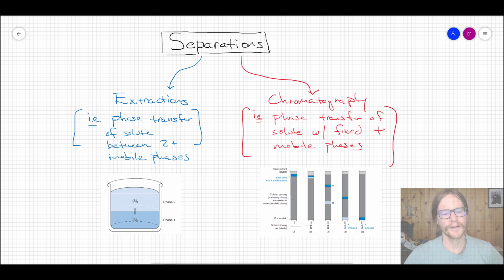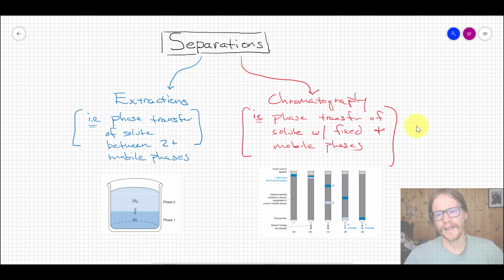And so the picture I have here is the type of liquid-liquid extraction that many of you would have done if you've taken an organic chemistry lab course, where you produce a product in one phase and then you extract that product to another phase using different properties of the chemicals. Often pH is one, or polarity.